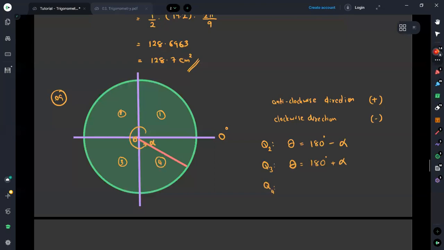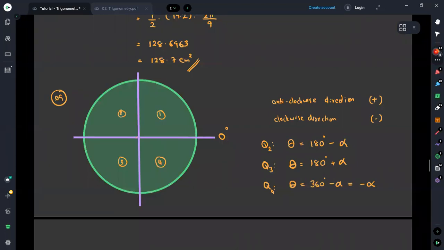Rather than taking this as 360 minus alpha, we can simply measure this as minus alpha, because we measure the acute angle in the clockwise direction rather than measuring the obtuse angle in the anti-clockwise direction. That is why we got this as minus alpha.